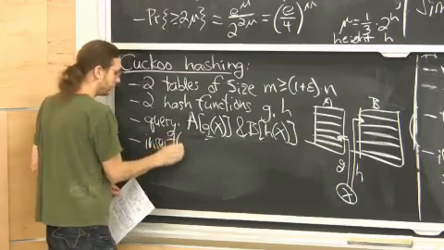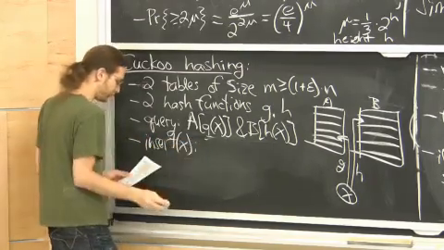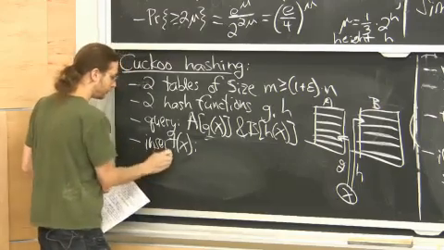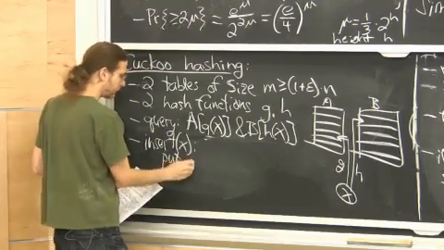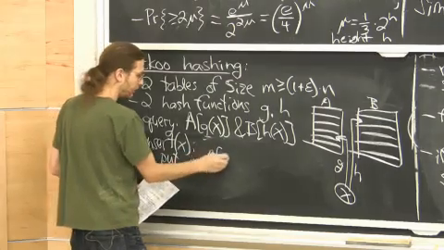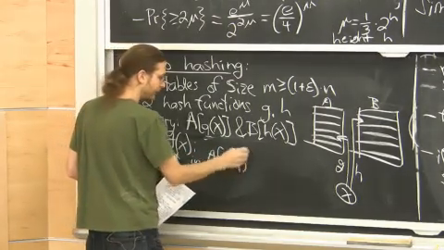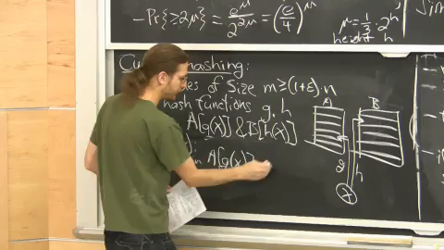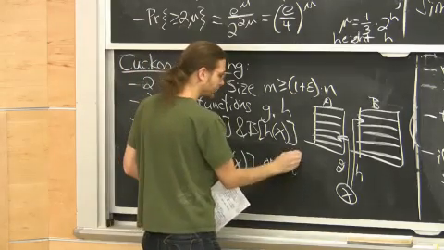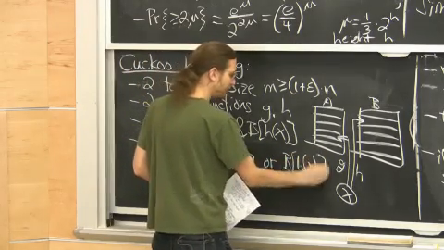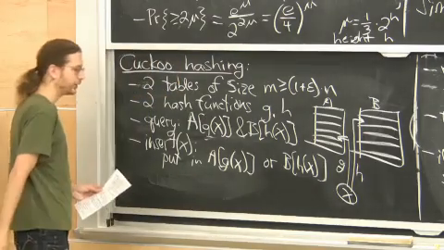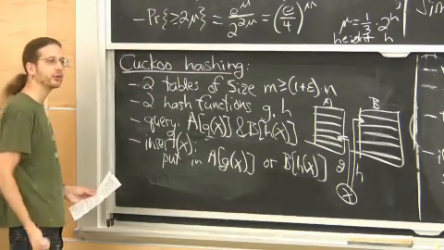Now, the weird thing is the way we do an insertion. You try to put it in the A slot, or the B slot. If either of them is empty, you're golden. If neither of them are empty, you've got to kick out whoever's there.